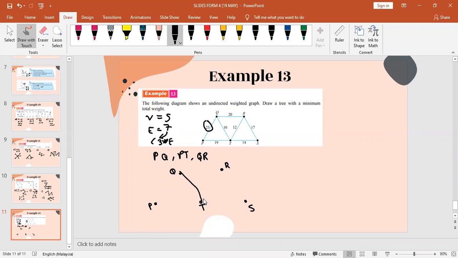QT, QR, RS, and lastly TS. 17. Ni ada 14. This one is 12. 10. Okay.